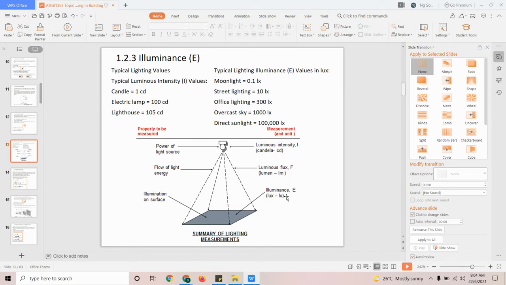So think about all the services in the building. Have they been optimized? Meaning, did you put just the right amount of lighting for the required area? Did you put too much or too little? If you put too much lighting in a particular area, you are actually wasting energy.